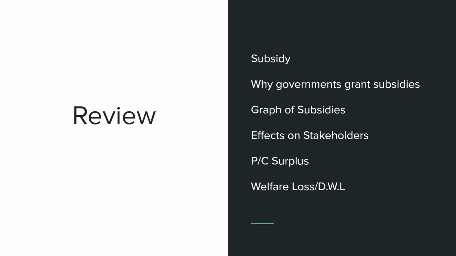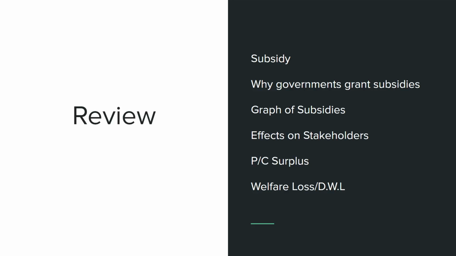So that basically wraps up our lesson. Just to review what we learned today, we talked about subsidies: what they were, how they're just money or grants given to firms, consumers, and industries by the government. We also talked about why governments grant subsidies, how they can be used to increase consumption and make goods more affordable, and how the graph of the subsidy displays these reasons.